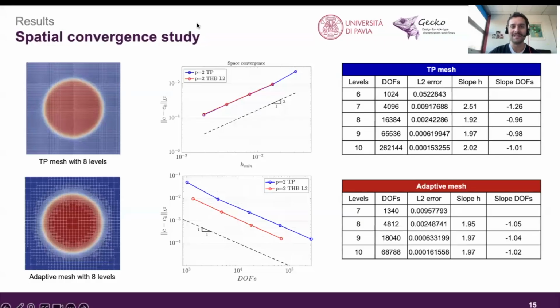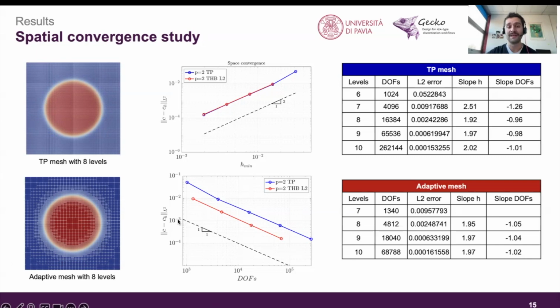So we run this convergence study for both the tensor product and the THB example, and we did that for quadratics. Actually, sorry, because this video is running while this one has stopped. And we achieved the expected convergence in both schemes.